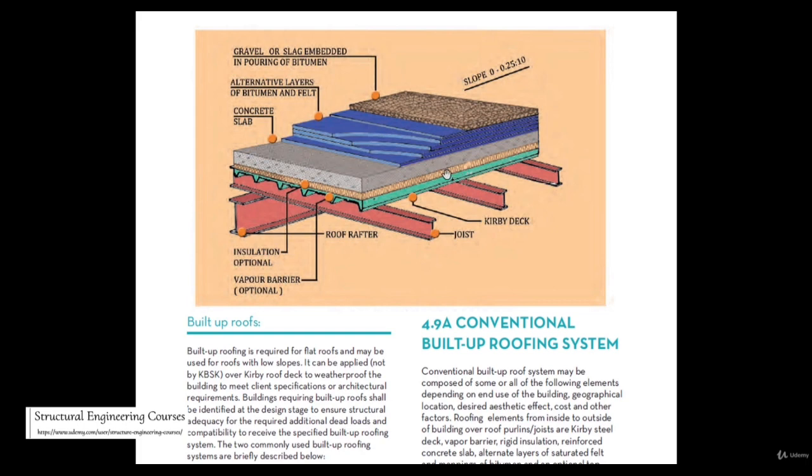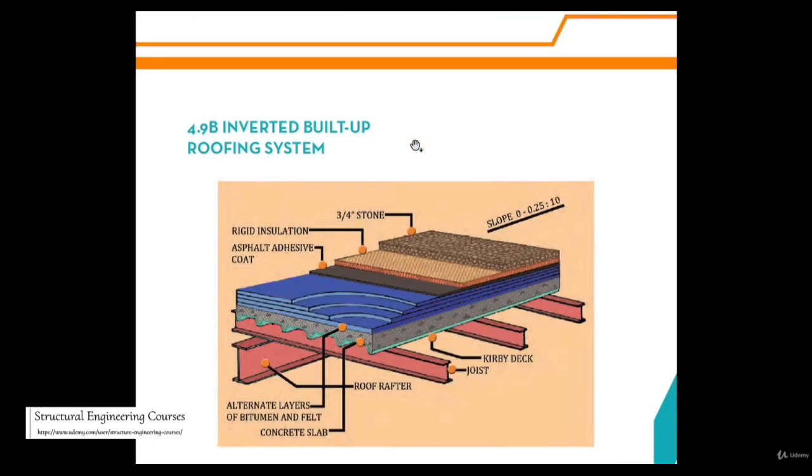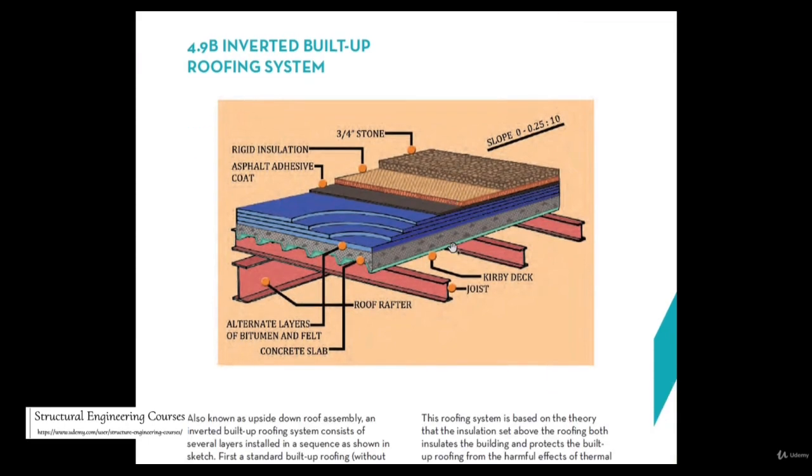Insulation is usually from the outside temperature, so we can provide this insulation panel. On the top of this insulation panel we can provide the concrete slab, and on the top of this concrete slab we can provide this waterproofing arrangement. It can be done with alternate layers of bitumen and felt and gravel or slag. So this shows the typical waterproofing arrangement on the top.